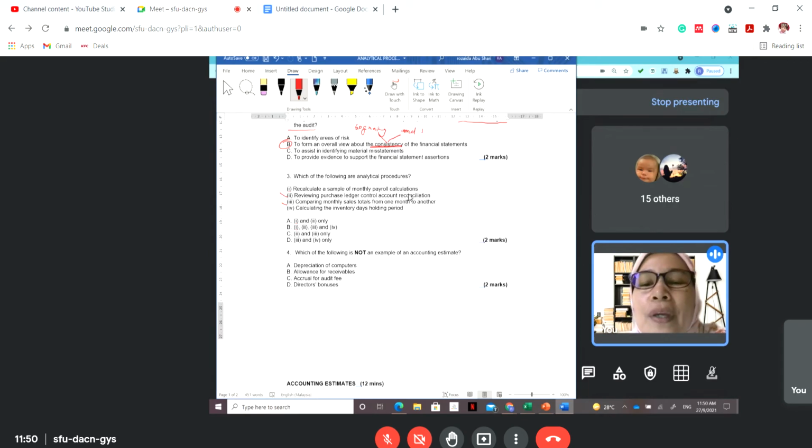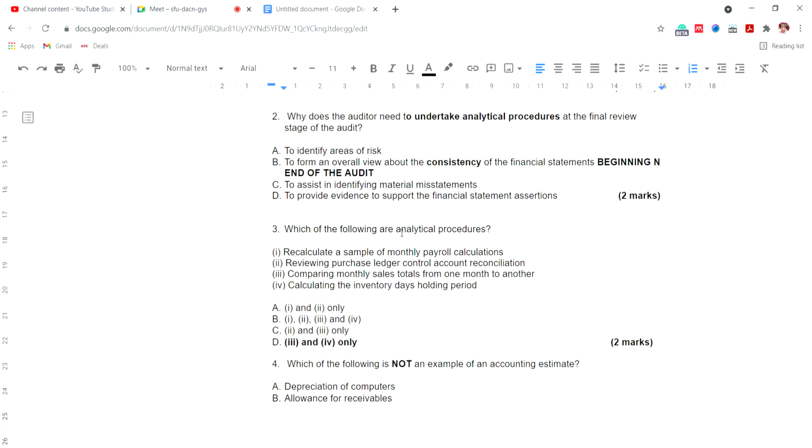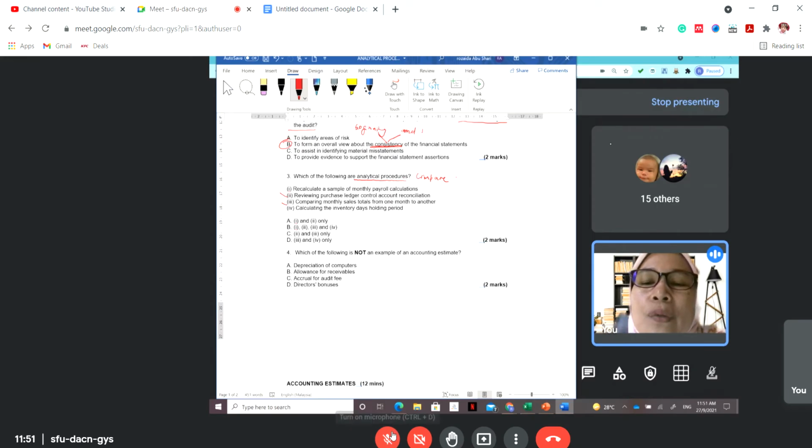Okay, which of all analytical, kita tahu analytical procedure, the keyword tadi mesti ada perkataan compare. You must look at whether the comparison exists or not. So recalculate a sample of monthly payroll calculation. So this is recalculation. So sebenarnya this is more on payroll calculation.